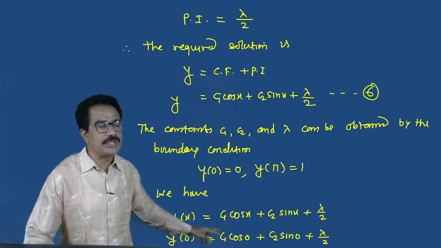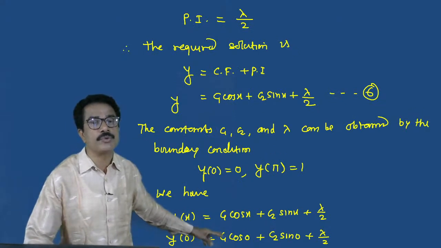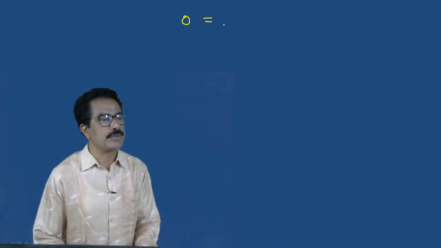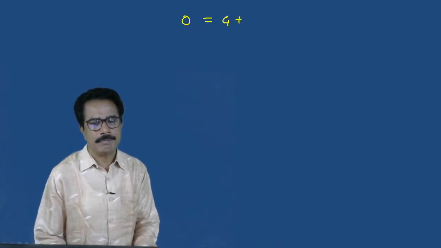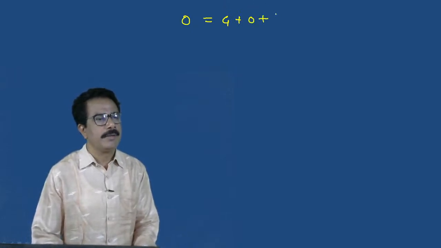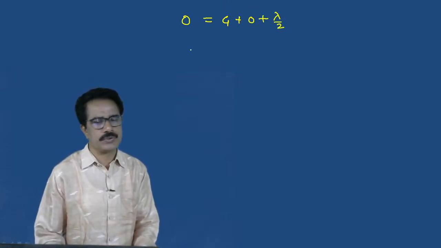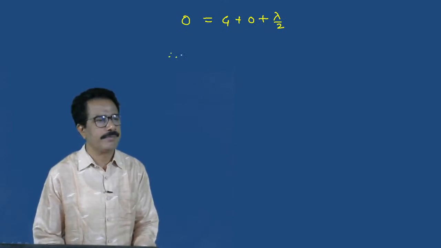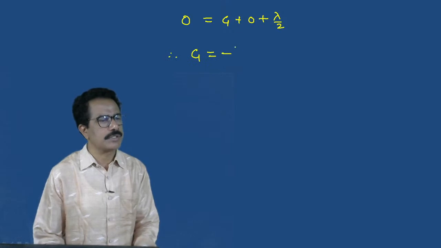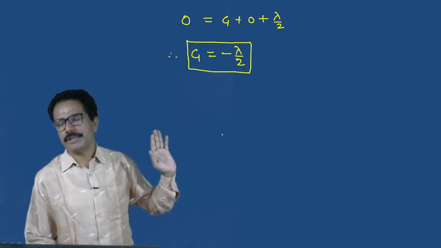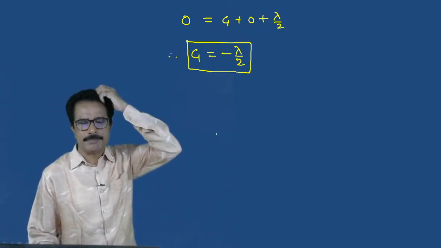Value of cos 0 is 1, c1 into 1, sin 0 is 0, means we can write c1 plus 0 plus lambda by 2, so we can write this as c1 is equals to minus lambda by 2. Okay, there is no problem, we can obtain the value of c1 in terms of lambda.